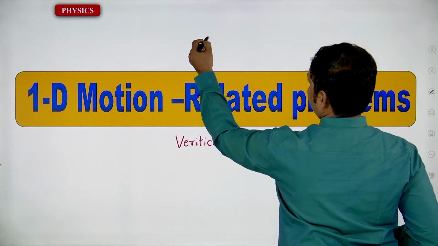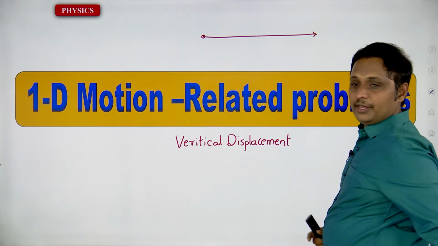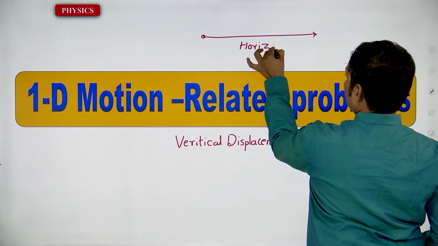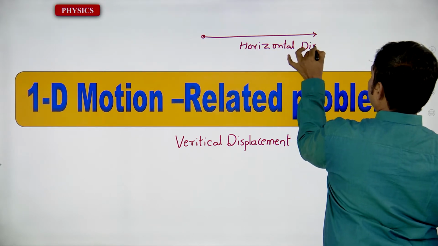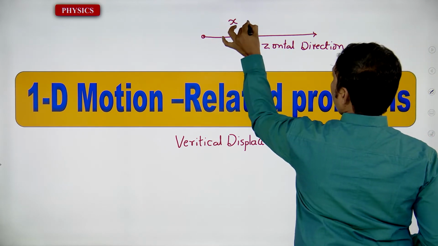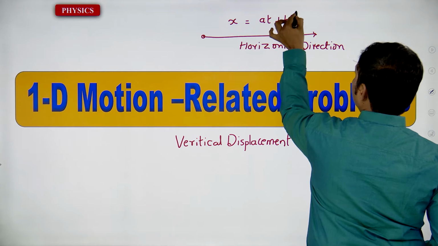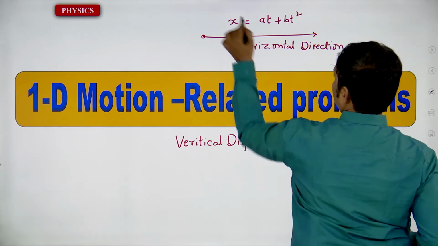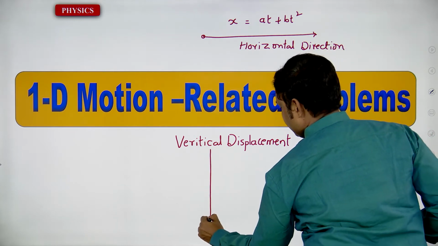Already we have discussed that when it moves in the horizontal direction, you can write x equals a t plus b t square, like that. We write it like a function. Here also vertical displacement is going to be taken.